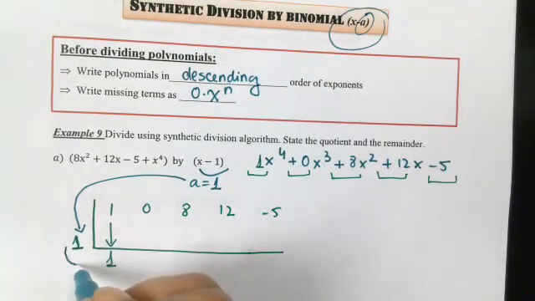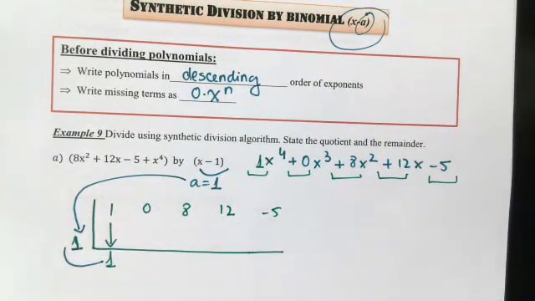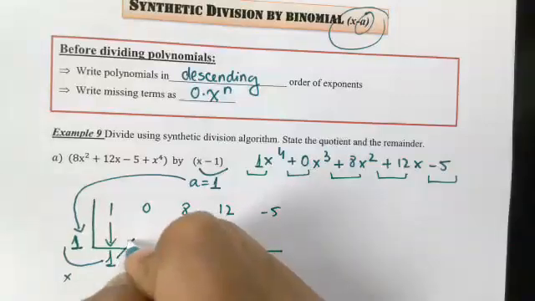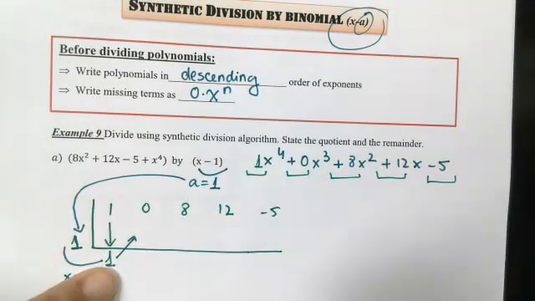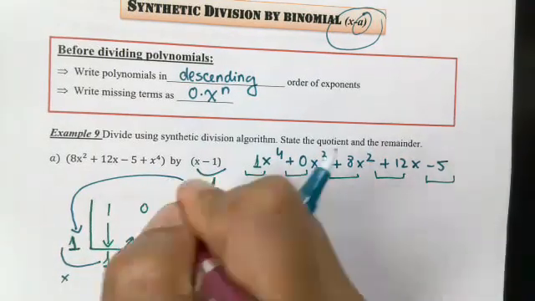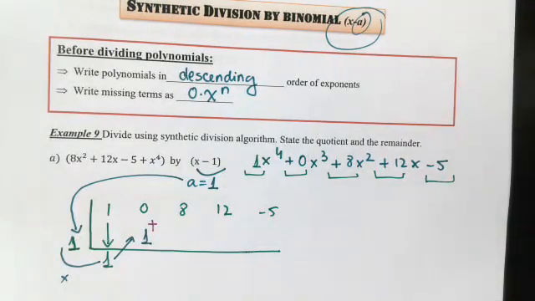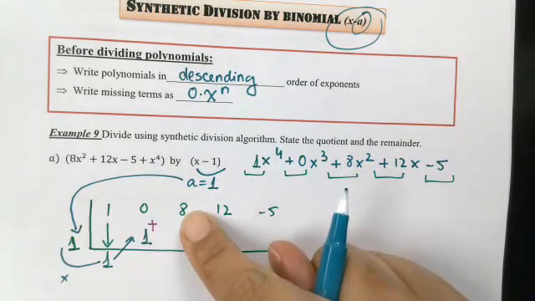You multiply these 2 numbers first, so 1 times 1, and you put the answer underneath the next number. So 1 times 1 is 1, okay? And then we add vertically. So what is 0 plus 1? 1, right?